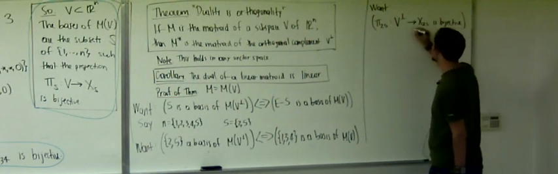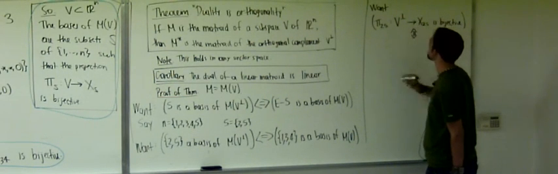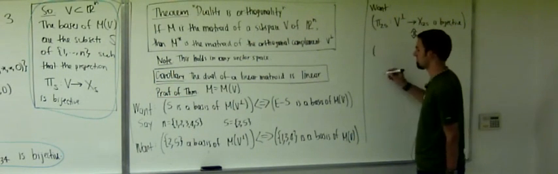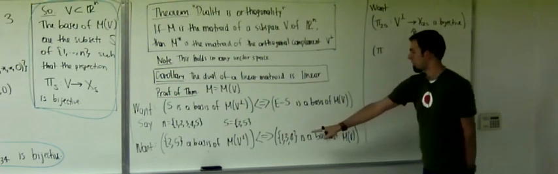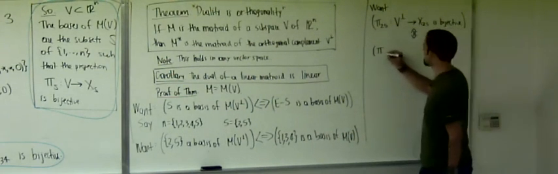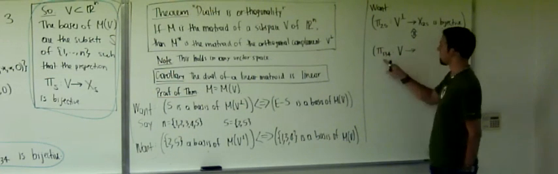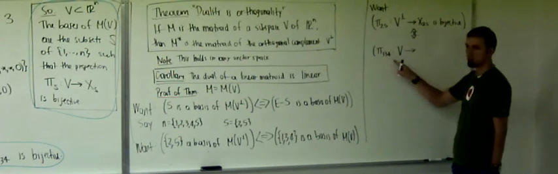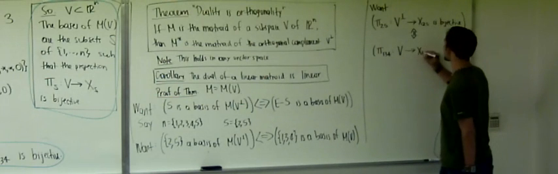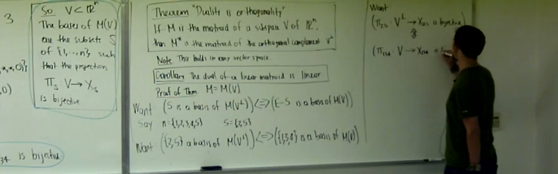And what I need to show is that this is true if and only if 1, 3, 4 is a basis of M of V. In other words, if I project V using the other coordinates 1, 3, and 4, that's bijective.